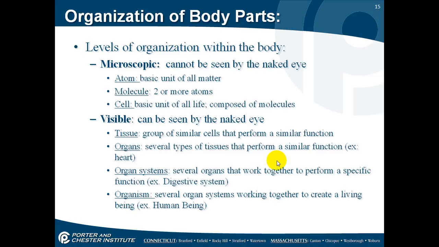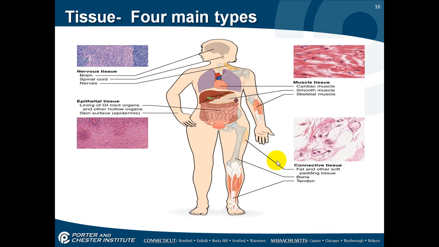Organ systems combine and work together to perform a specific function, such as the digestive system, which includes the mouth, the stomach, small and large intestines. They work together to digest the food. And finally, organ systems come together to form an organism. Several organ systems working together to create a living human being like us.